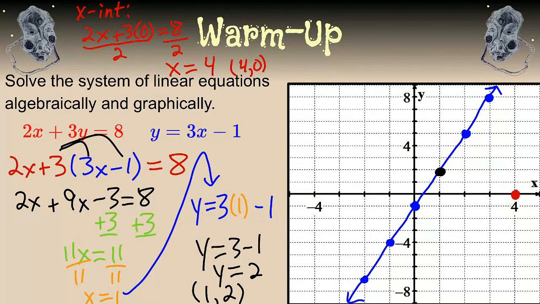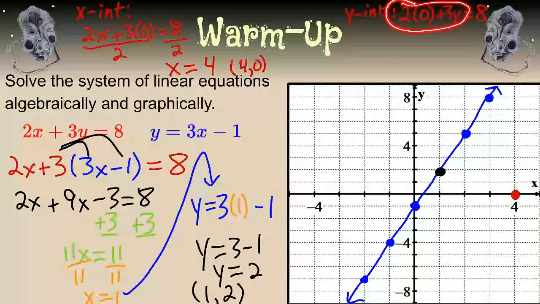But just to be more thorough, I'm going to find my y-intercept by plugging in 0 for x and solving for y. Well, this is equal to just 3y because 2 times 0 is 0.